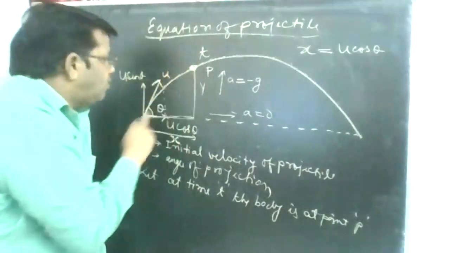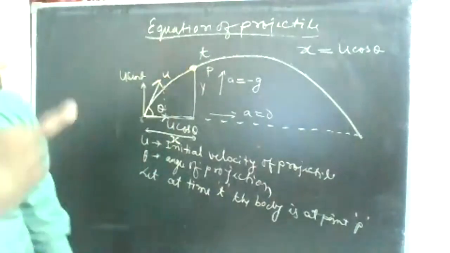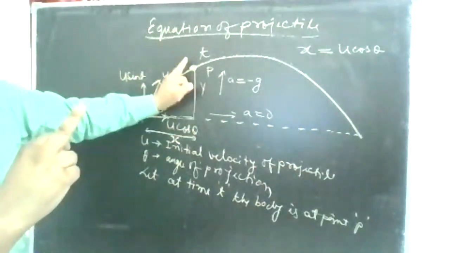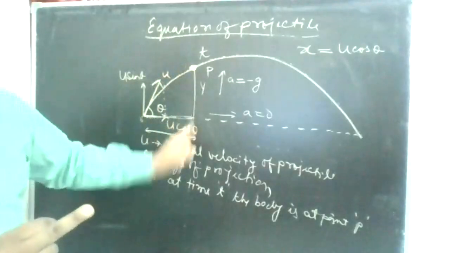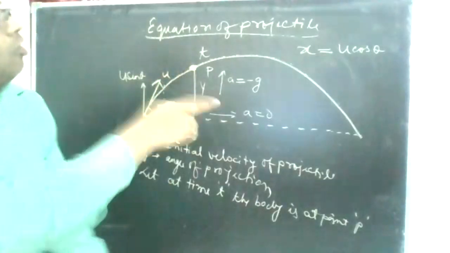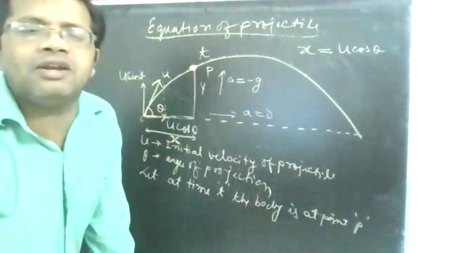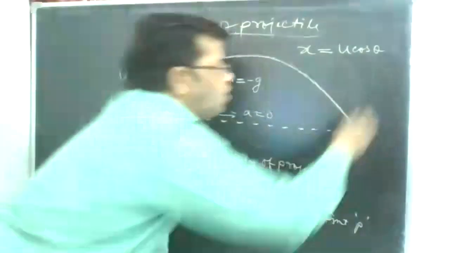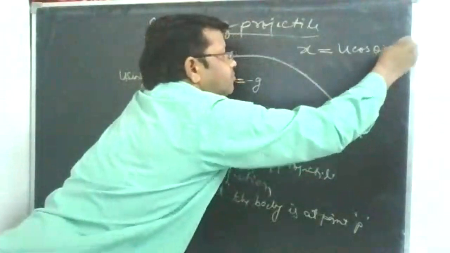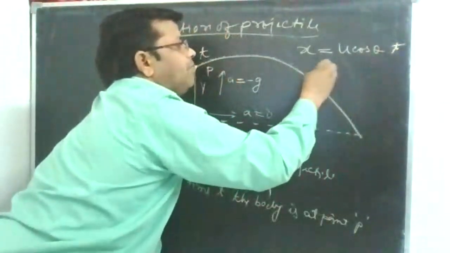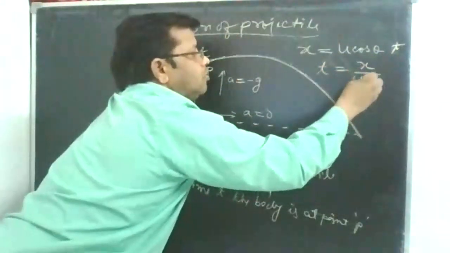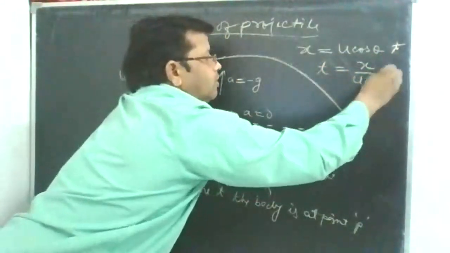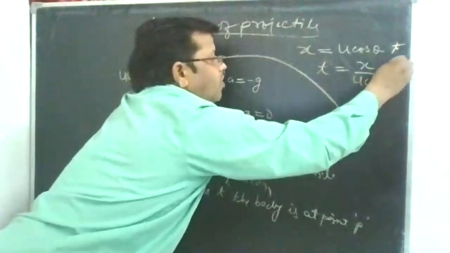During time t, the body moves a vertical displacement y and a horizontal displacement x. So along the horizontal direction there is no acceleration, so s is equal to ut. So t can be written as x by u cos theta. Put this as equation 1.